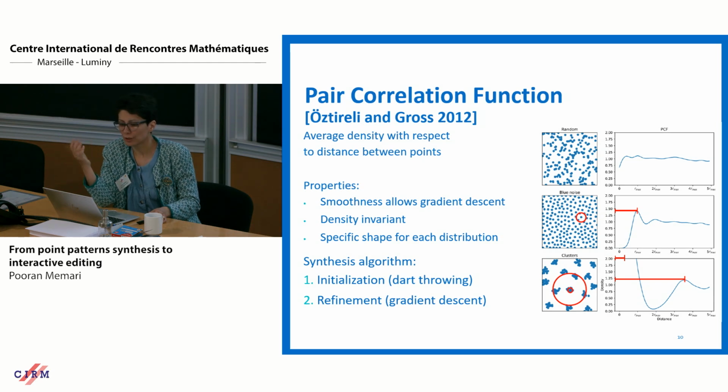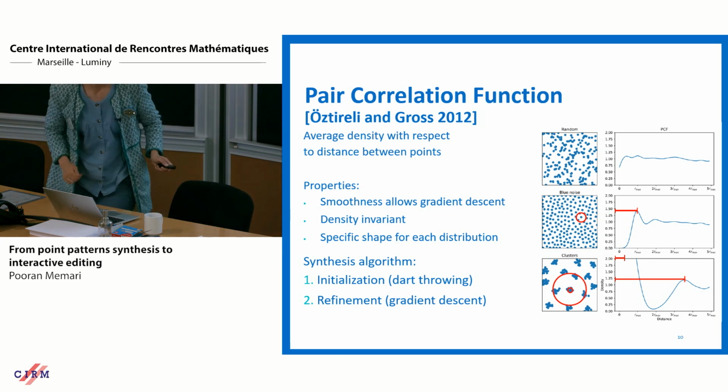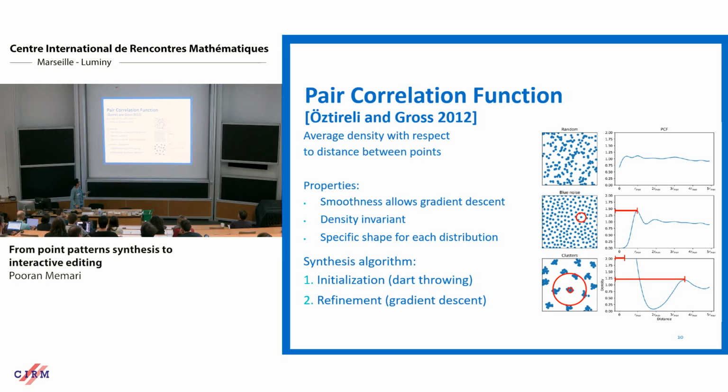These average pair correlation functions are very representative because, as you can see, they capture, for example, the first distance that you would have between different clusters of points, which will naturally appear in this PCF. So nothing really magical. This is very useful because of the smoothness and regular properties that it has, and the fact that you can normalize with respect to the density, so you can use it, for example, for point pattern synthesis.